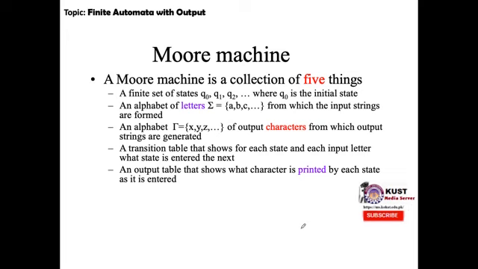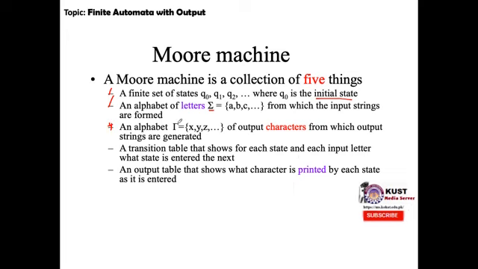A Moore machine is a collection of 5 things: a finite set of states. These states can be labeled as Q0, Q1, Q2, and so on, where Q0 is the initial state. So we have the same initial state as in FA. Now an alphabet of letters A, B, C represented by sigma, from which the input strings are formed. So this one is the same, and this one is new.